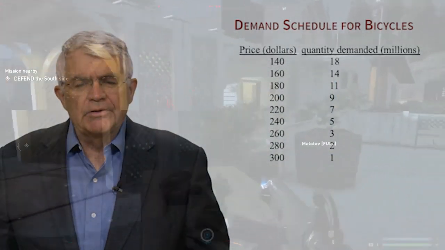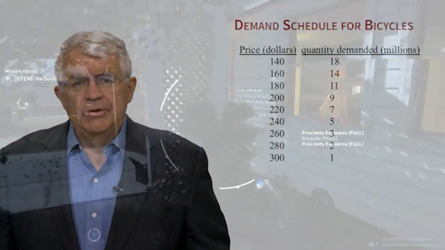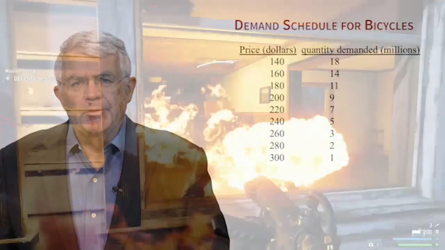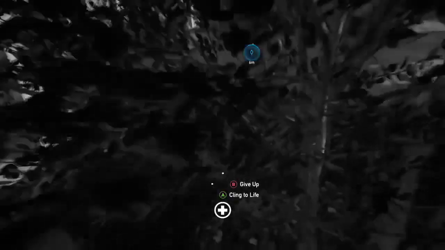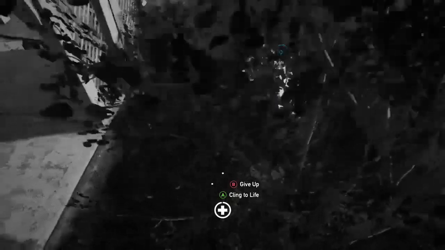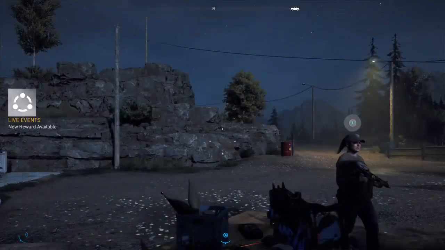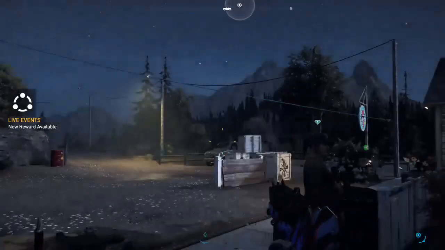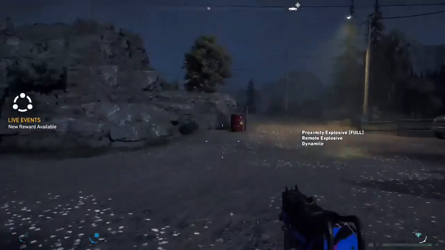So when the price rises from $140 per bike to $160 a bike, the quantity demanded goes from 18 to 14. And that makes just common sense if you think about it yourself. If bicycles become more expensive, then fewer people will decide to buy a bicycle. They might just want to walk instead, or to use their rollerblades, or whatever it happens to be, if the bike gets more expensive. And so that reduces the quantity demanded.